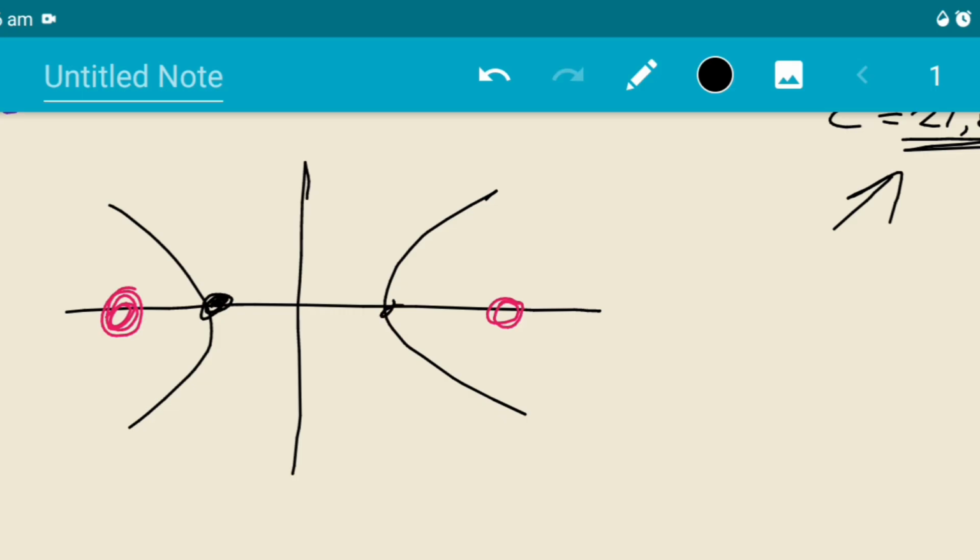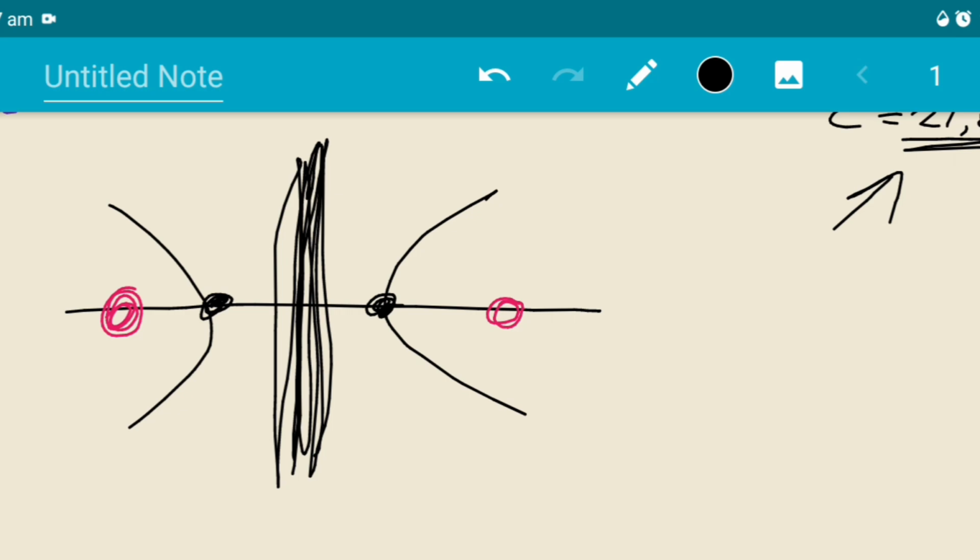This here is also a vertex. Then this axis, where you've got the focus here and the focus there, is known as the transverse axis. Then this axis that does not contain the focus is not known as the minor axis, but the conjugate axis.